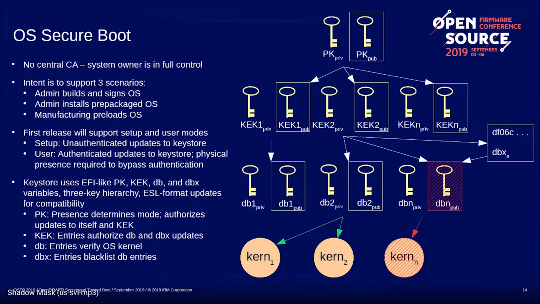This is about the only compatibility that we have with EFI, but we thought that this was a useful takeaway out of UEFI. So you sort of read the diagram: the keys at the higher level verify the public keys and updates at the next level down, until we get to the actual kernel verification at the bottom.